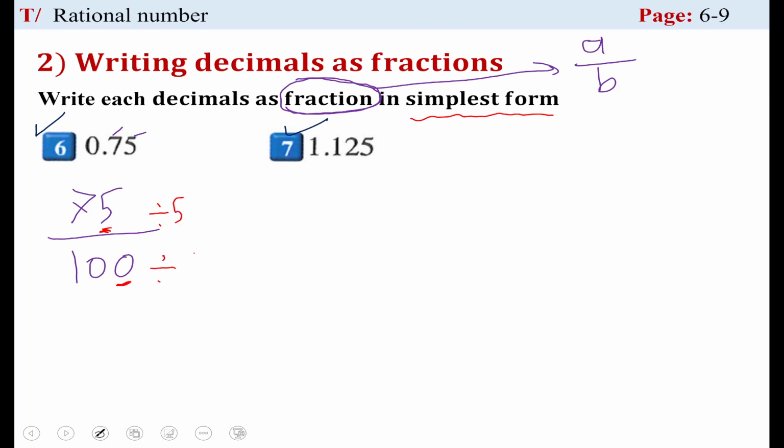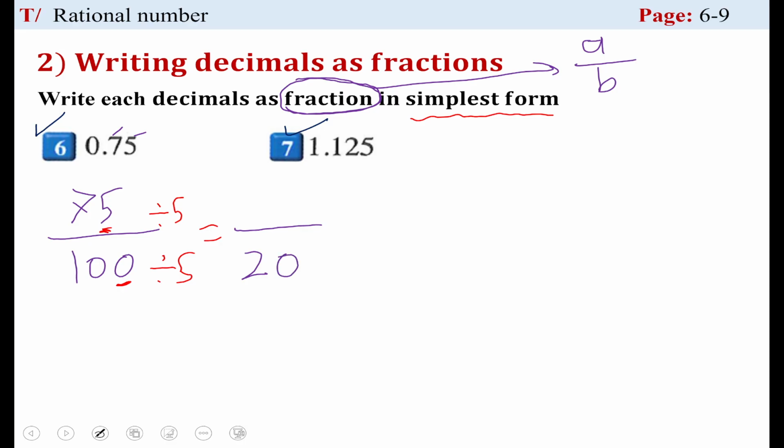Divide by 5, divide by 5. Sorry, I made a mistake in here. 100 divided by 5 is 20.